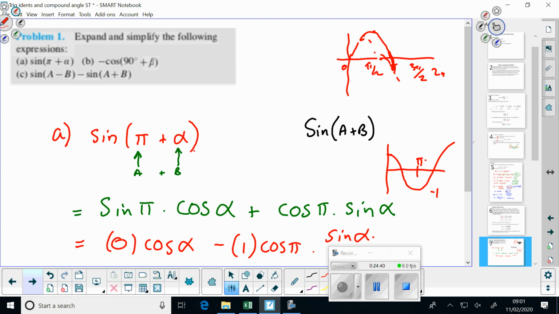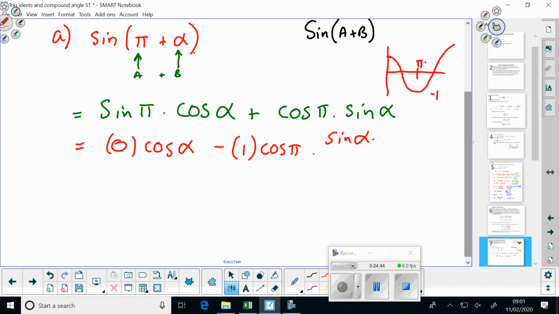Zero times cos alpha is 0, and cos pi is minus 1. Zero times the cosine of alpha is 0.